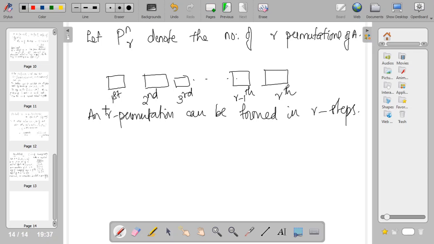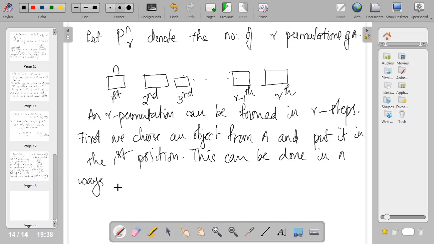So this can be done in n ways, because in total A has n objects, and any one of the objects can be placed in the first position. So for the first position you have n choices.